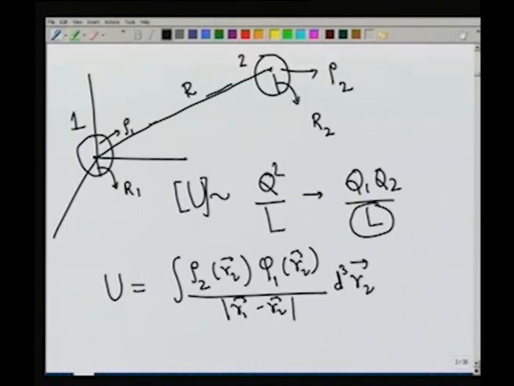So I am writing the interaction energy. So perhaps I should change my symbol here. What I will do is I will replace U by U12. That is what I shall do.